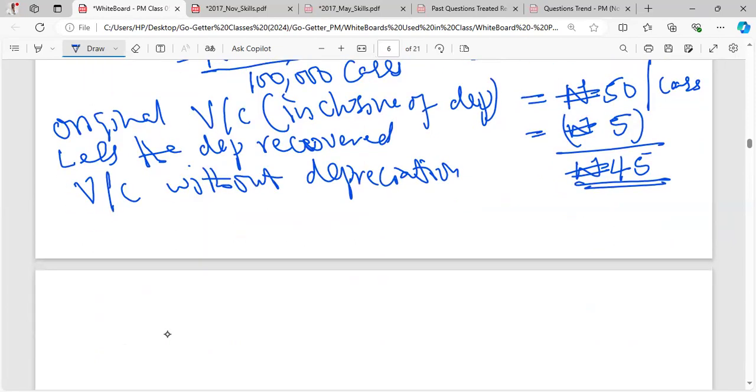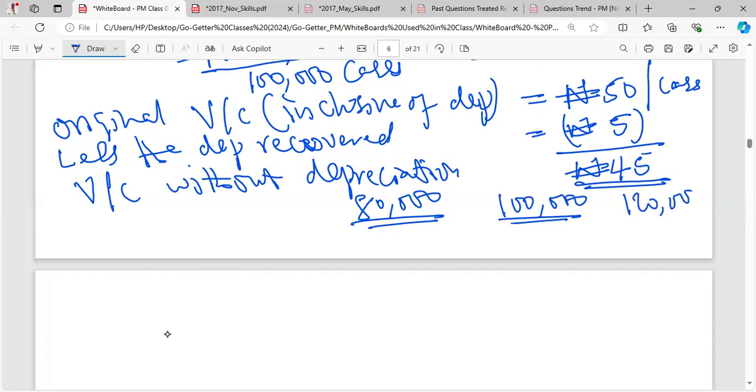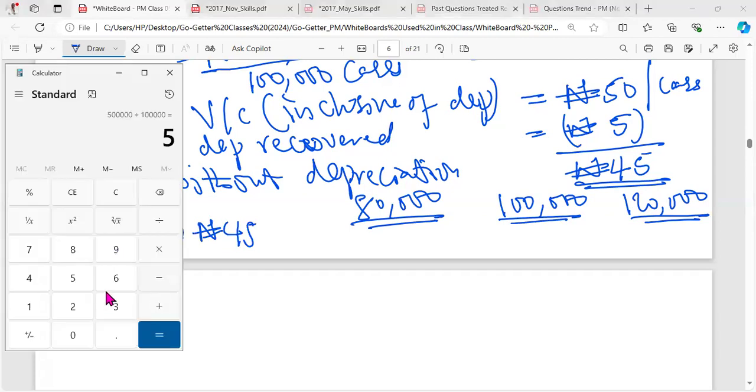So you will come here and say this is 80,000, 100,000, 120,000. So this is variable cost at 45 naira. Let's see how much it's going to give us. 45 naira multiplied by 80,000 is 3,600,000.